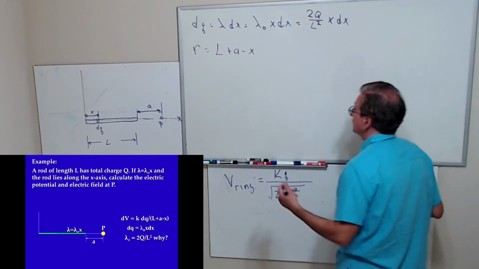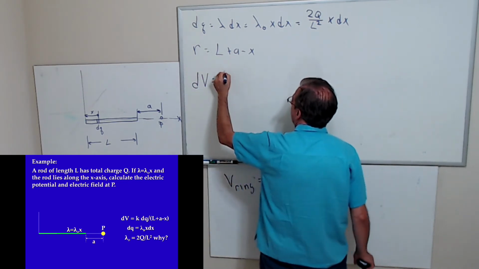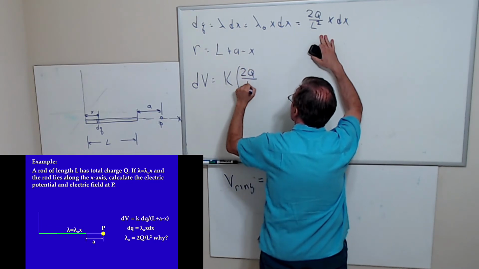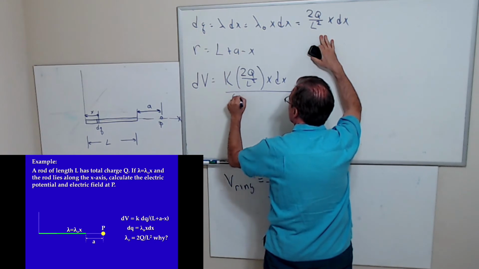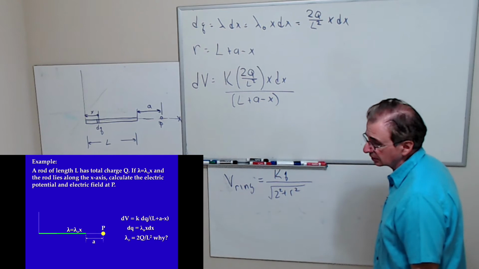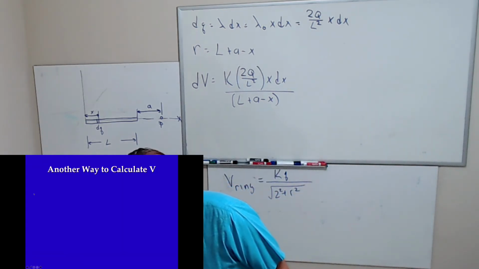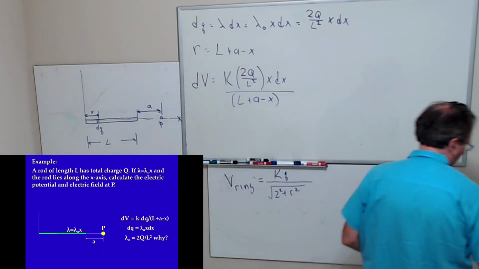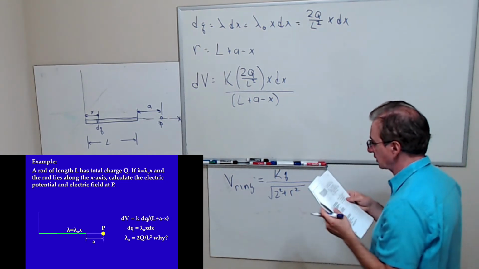Okay, that's it. So my dV is going to be K times this thing, and then L plus A minus x. And all I have to do is integrate that. It's fun to discuss the integral, but this isn't a calculus class, so don't tell your calculus teacher I'm skipping this.